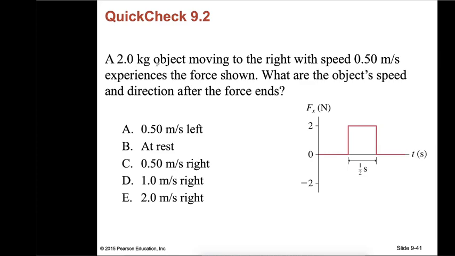A 2 kilogram object moving to the right with speed 0.5 meters per second experiences the force shown. What are the object's speed and direction after the force ends?